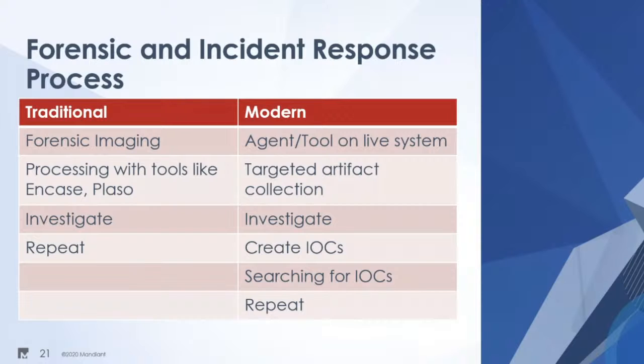Okay. And I'm going to take that IOC and search for it across every system that I have these agents on. What that'll help me do is identify other systems that the attacker's been on, so I can now repeat this process: collecting those targeted artifacts, investigating, finding new IOCs, doing the sweep again, and repeat. Okay.